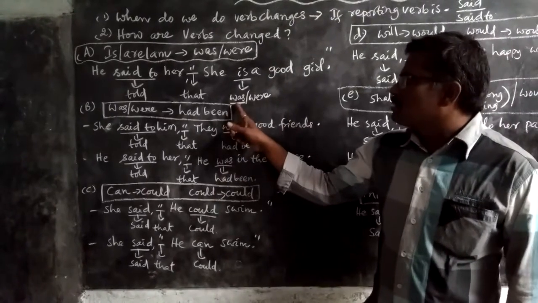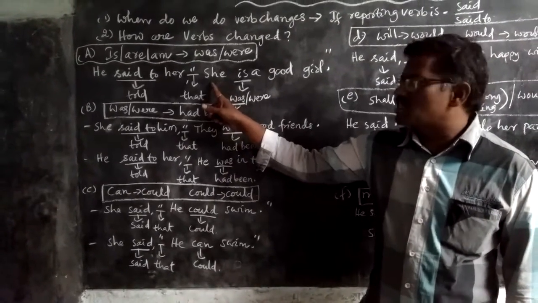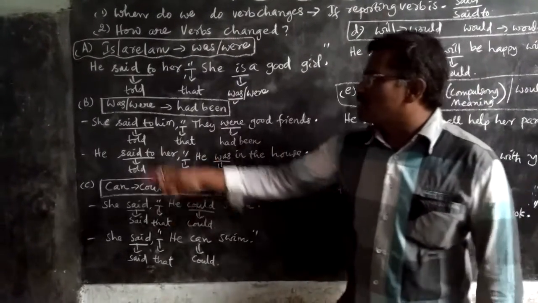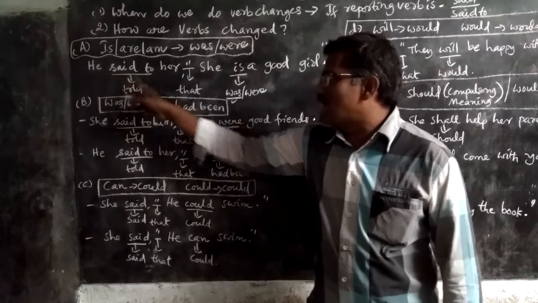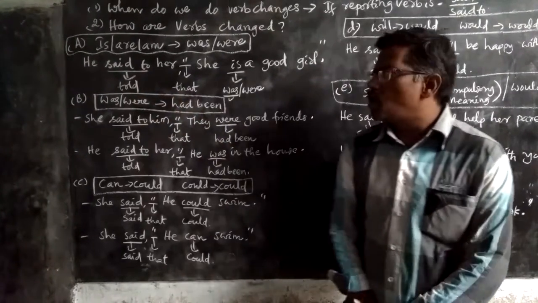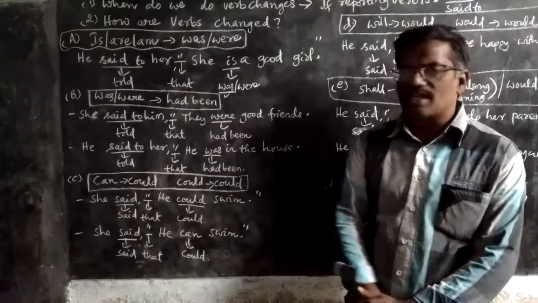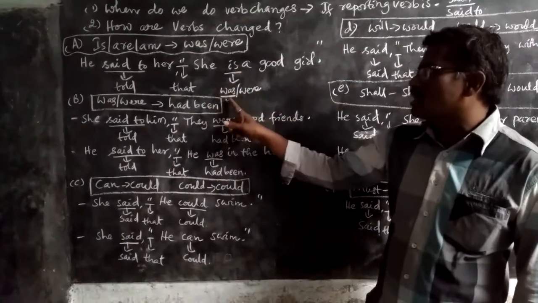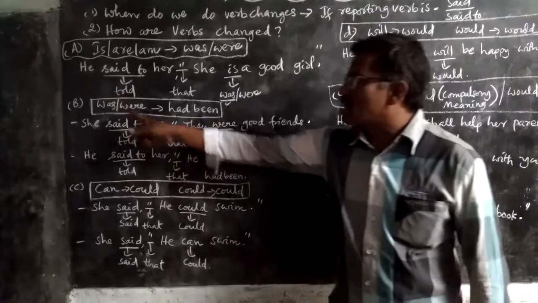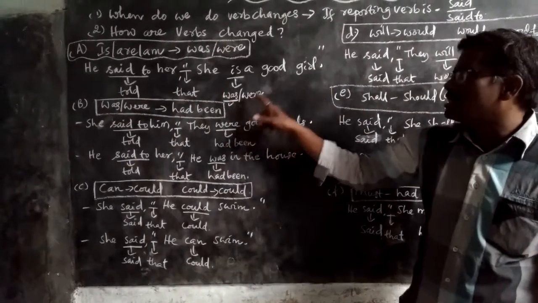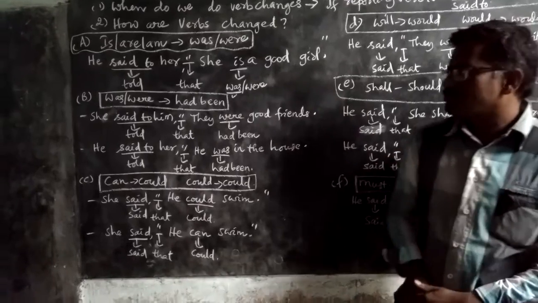Here, was agrees with the subject she. So we get the answer after changing said to into told. We have to remove the inverted commas and write that, and is to be changed into was. We get the answer. He told her that she was a good girl.